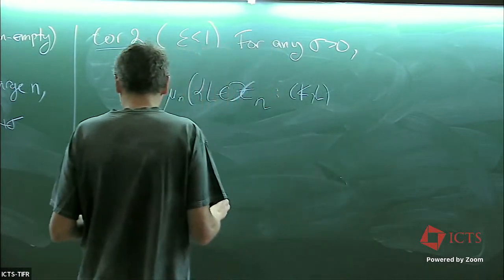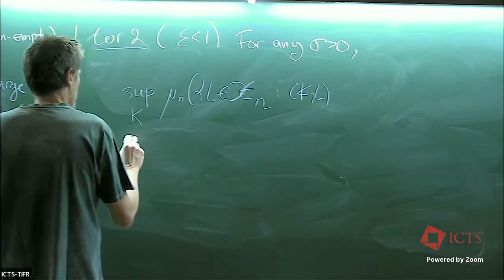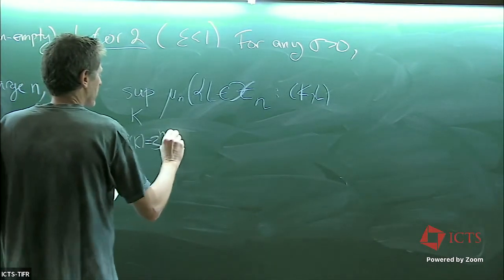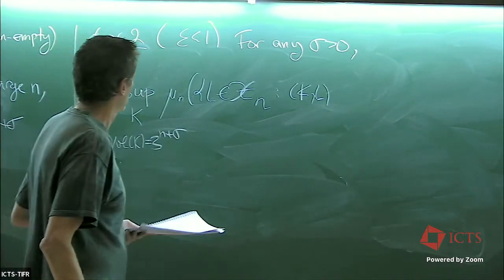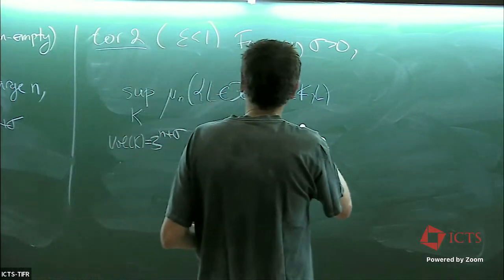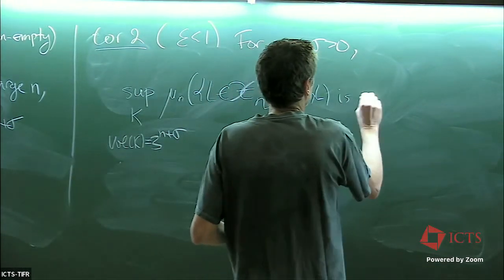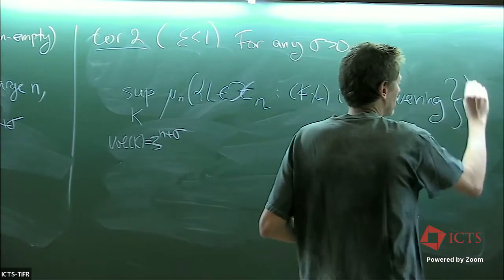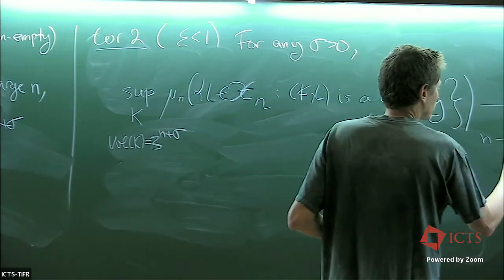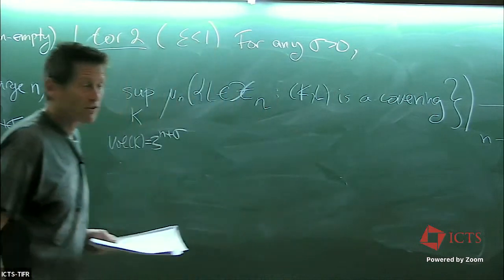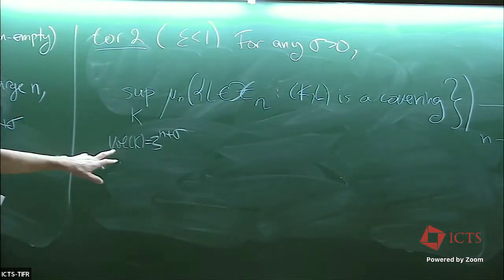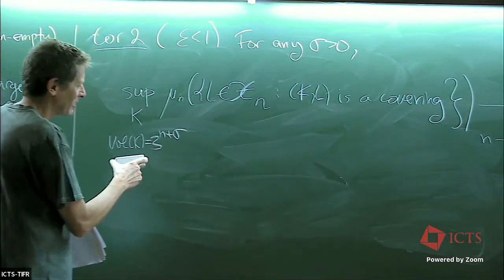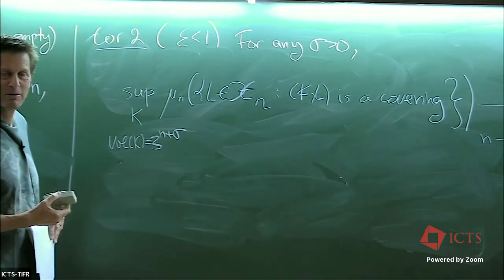Sup over K with volume of K equals 3 to the n plus sigma. The probability that you get a covering goes to 1. So if you're taking any convex set, and sorry, this 3 to the n plus sigma looks like n to the 3 plus sigma, but it's not the same.